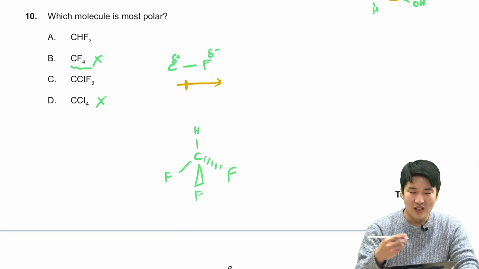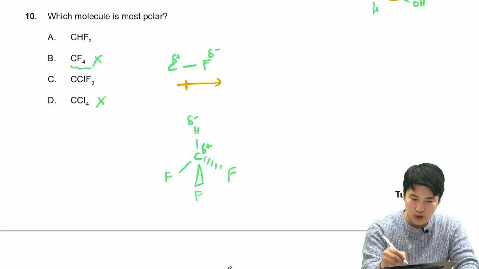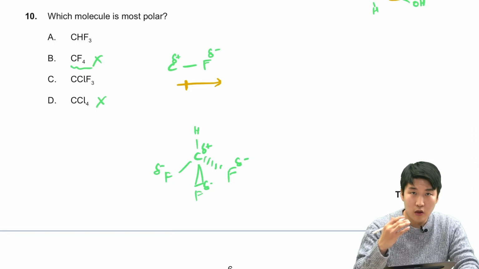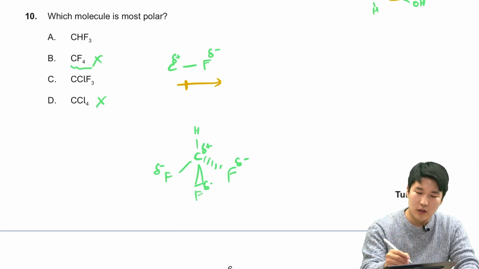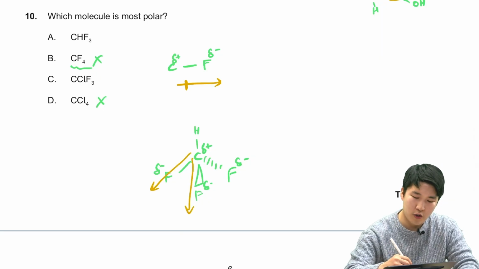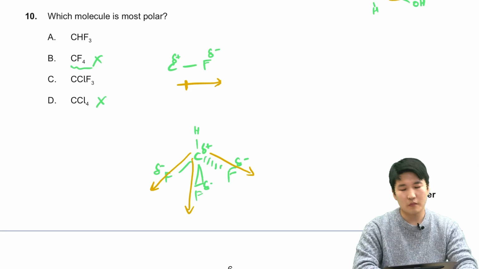Where's the net dipole? We can identify how there will be 3 dipole moments that are represented by the 3 orange lines from delta positive to delta negative.